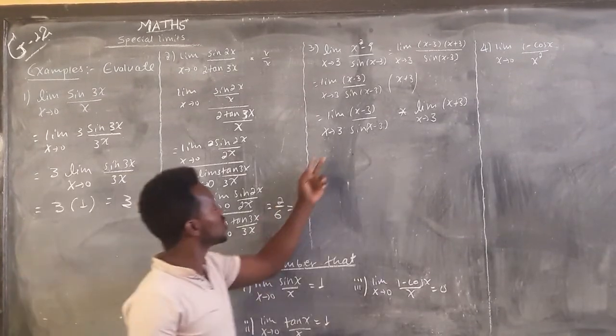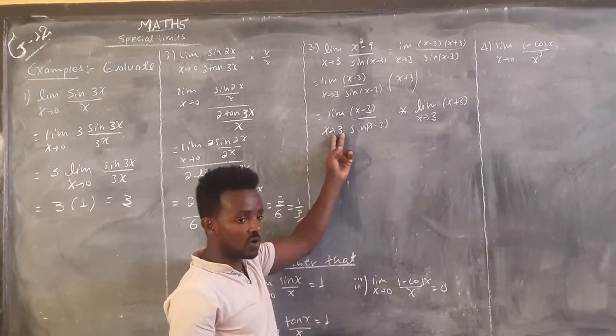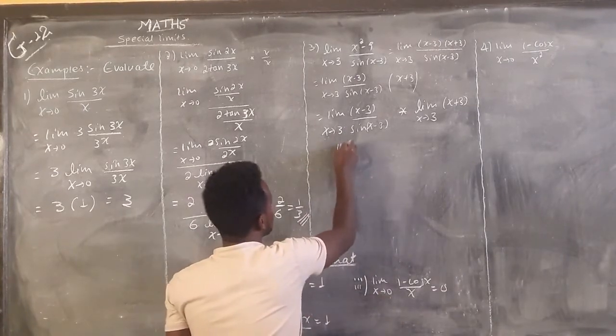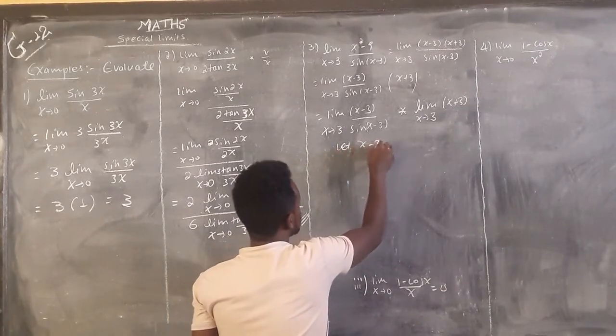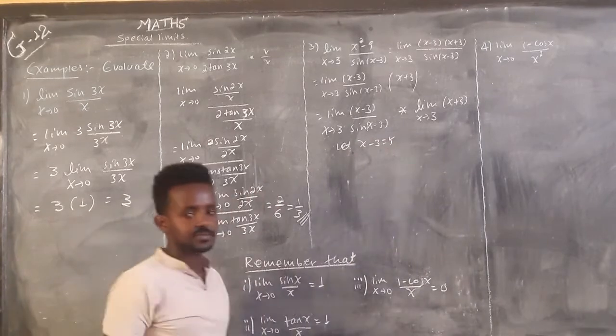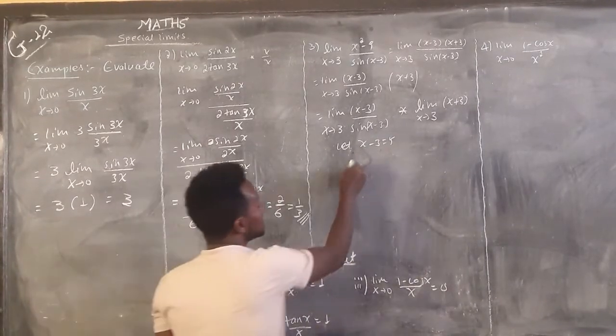So in order to make it 0, let x minus 3 be y.